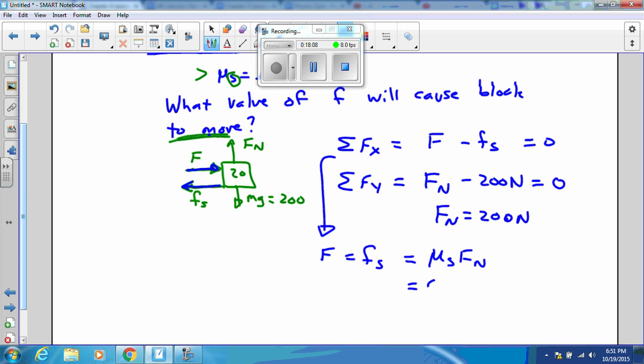And the maximum value for Fs is mu times the normal, and we are given mu, and we are given the normal force of 200 newtons. And so this tells me that the force needed to make the block move is going to be 120.